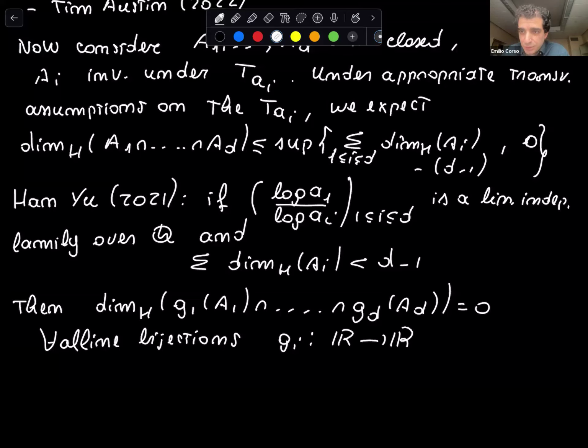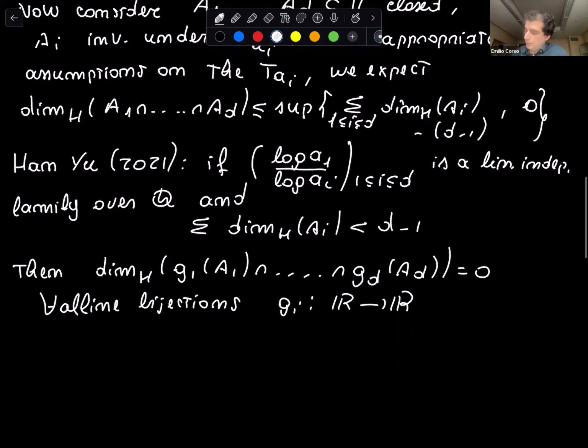This is certainly a generalization to finitely many sets, but there is an issue. Well, first of all, it only deals with the subcritical case where the sum of the dimensions is strictly less than d minus 1. But most importantly, there is no single concrete example of a finite collection of integers AI satisfying this condition.